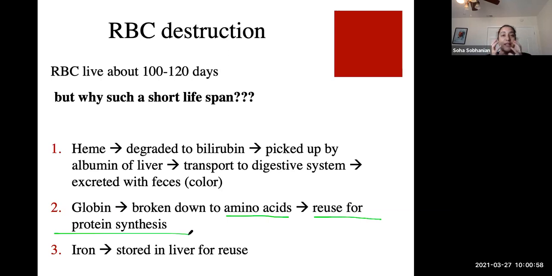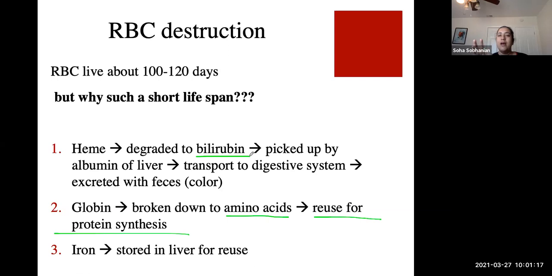The heme component, which is what makes your red blood cells red, first gets degraded through many steps to what we call bilirubin. Now the color of bilirubin is kind of a yellowish color.